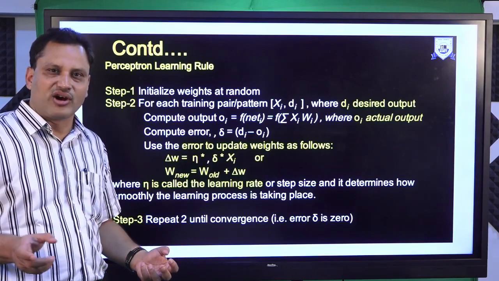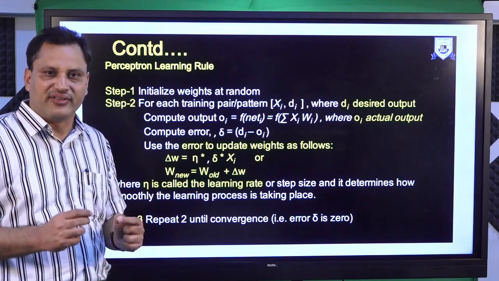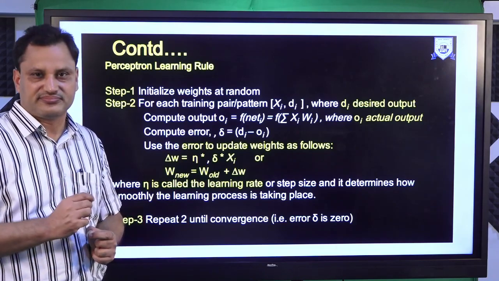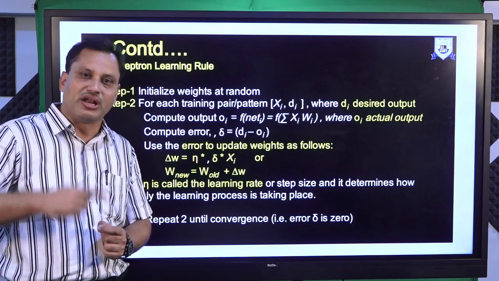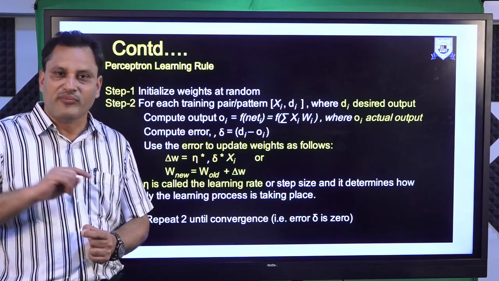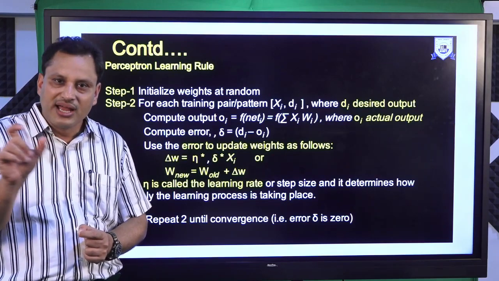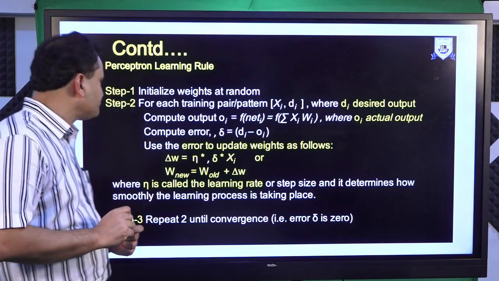Once you have the desired output and actual output, you can calculate the difference, and it will give you the error. So the target of the perceptron learning rule is to apply the algorithm until we minimize the error. What is the meaning of minimizing error? The difference between the actual output and desired output.